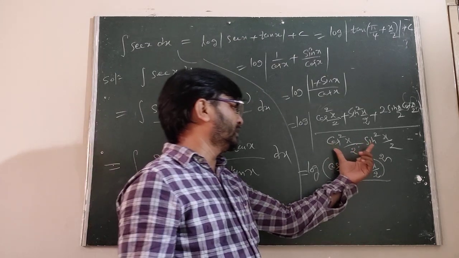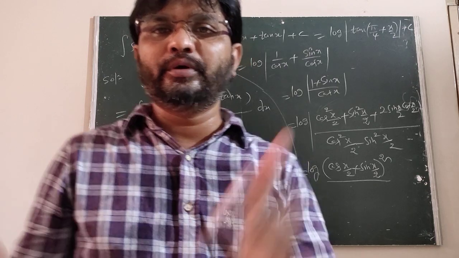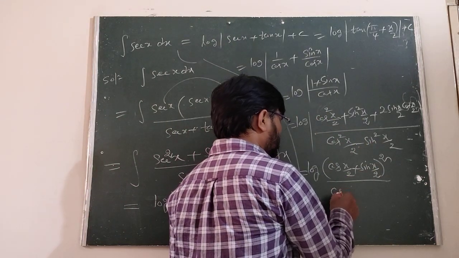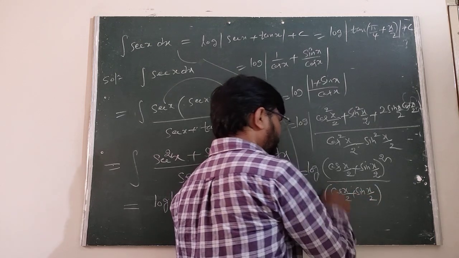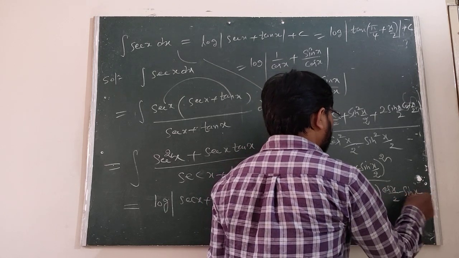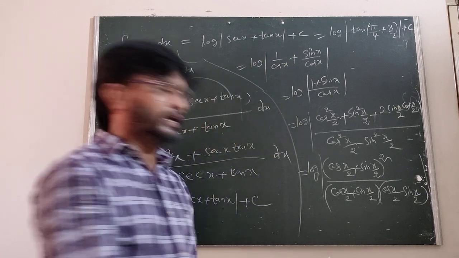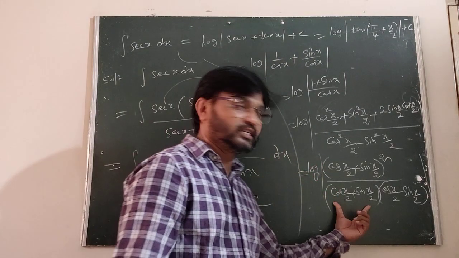But the denominator is a square minus b square, that is a plus b into a minus b. Now this is cos of x by 2 plus sin x by 2 into cos of x by 2 minus sin of x by 2. Is it clear? The whole square is there in the numerator, but the denominator is this one.